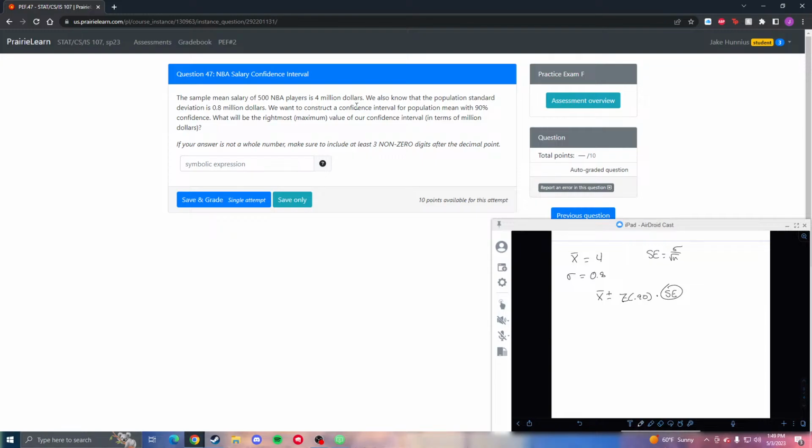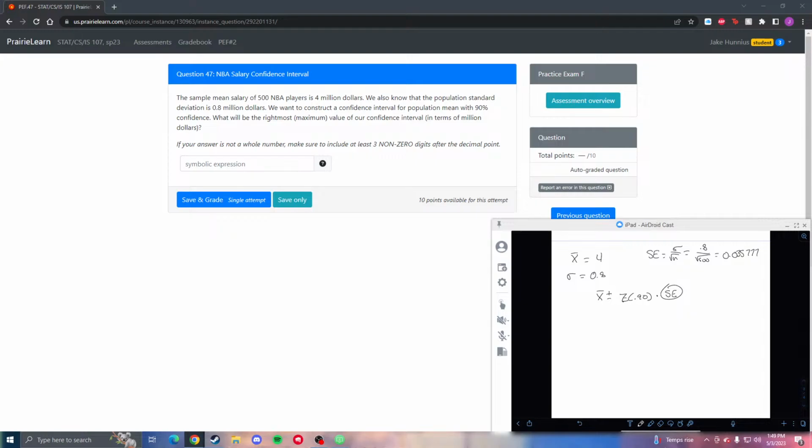So that's taking our population and standardizing it to our sample. So we have 0.8 over root 500 to get 0.035777. So that's what I'm going to be using.